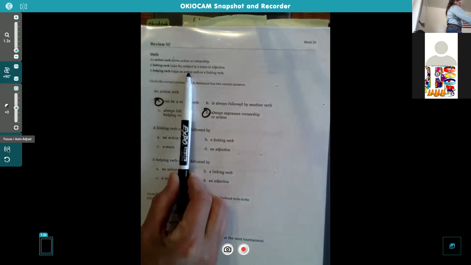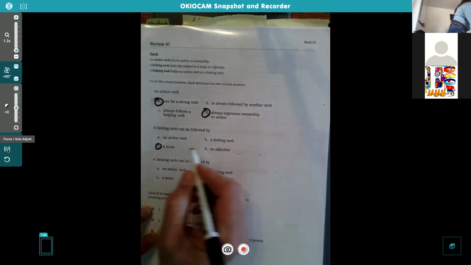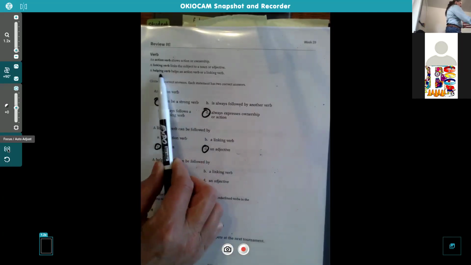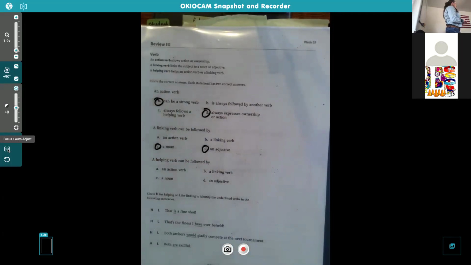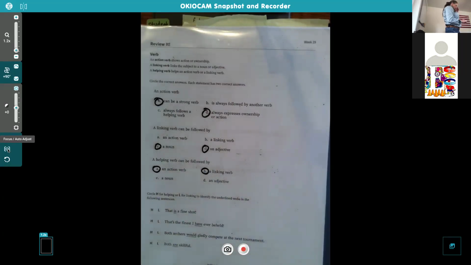A linking verb links subject to noun or adjective. Yes. A noun and adjective. There you go. Read it. Yep, the answers are there. A helping verb can be followed by. What do you think? A, B, C, D. Look at the top. What it says about helping verbs can be followed by, Zuli. A and B. There you go. An action verb or a linking verb.